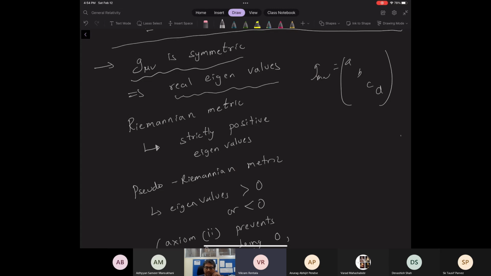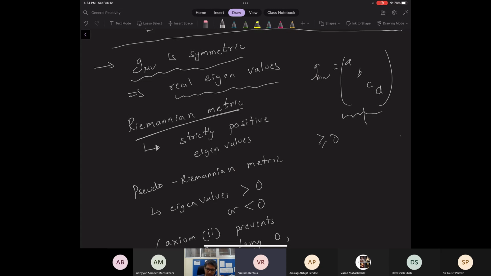Now we categorize manifolds with a metric, or we categorize metric spaces, based on the properties of the diagonalized g mu nu. So a Riemannian metric, if you recall the definition of a Riemannian metric, the dot products were always greater than or equal to 0.